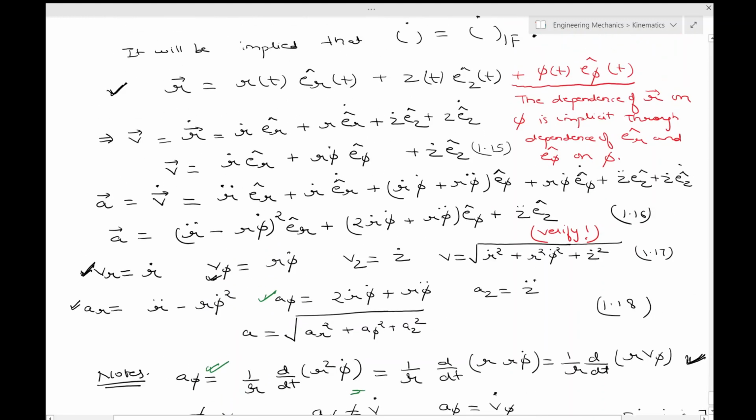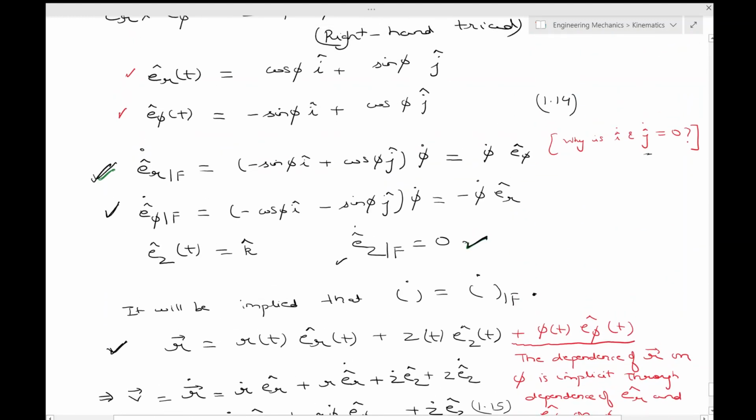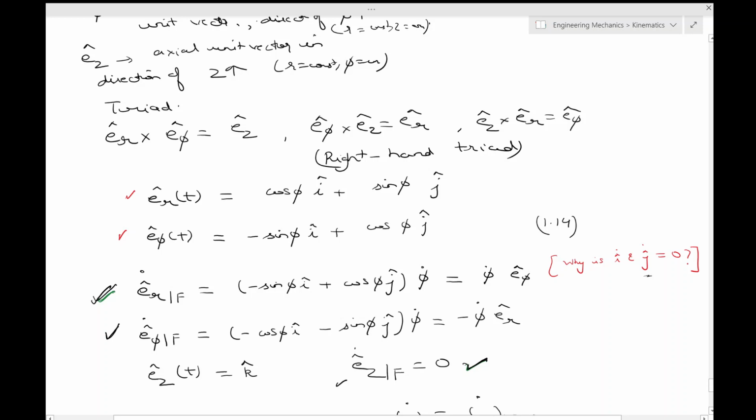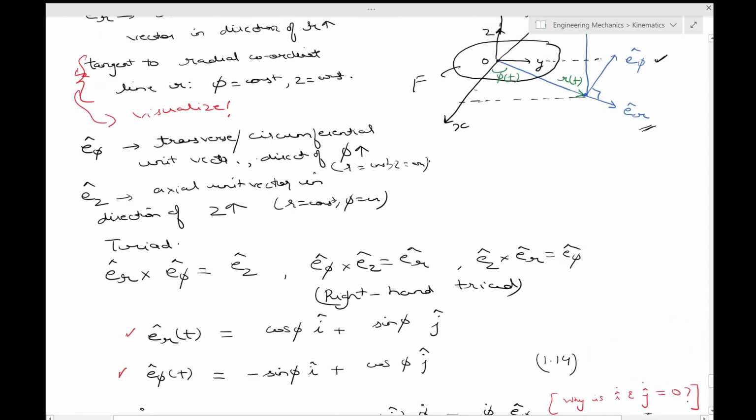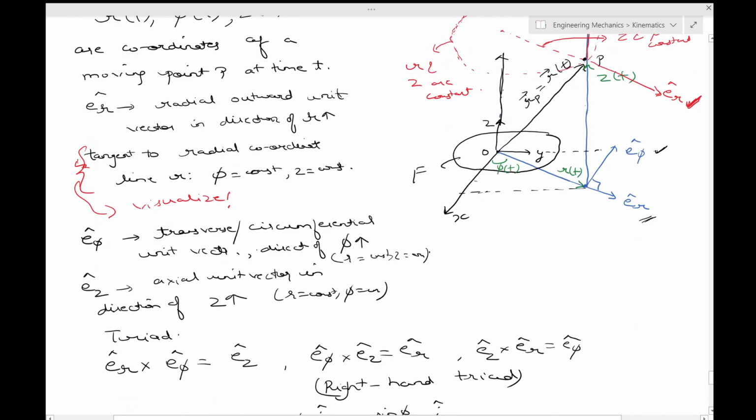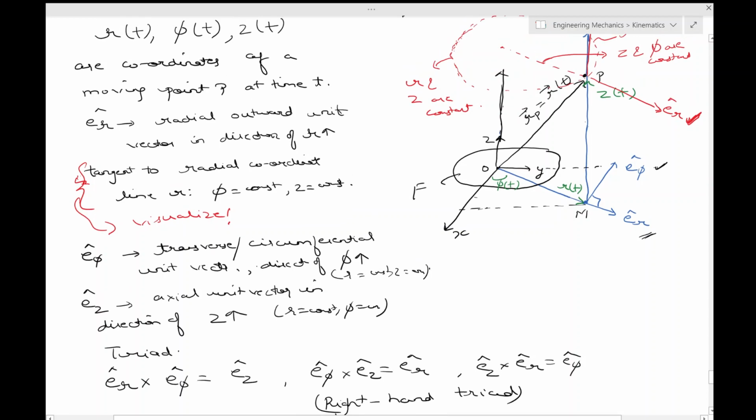Now let me come back. We call this point M. So phi dot is termed as the angular speed of the projected line OM. Why is this a projected line?